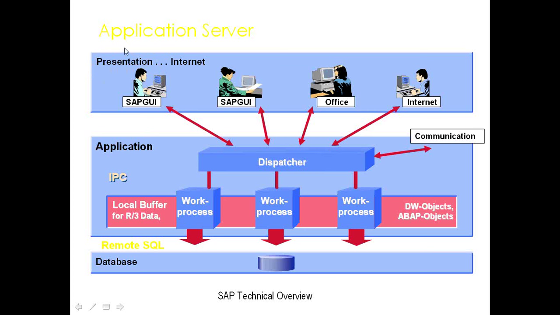In SAP, we use presentation layer as a synonym for the client, from where the users will send the request from different channels. And here the server is nothing but the database in your client-server architecture. This is my client. This is my server. Database is our server. In between, we have the application layer.